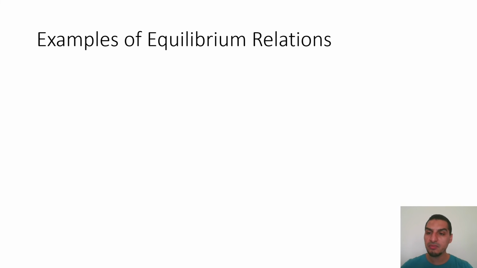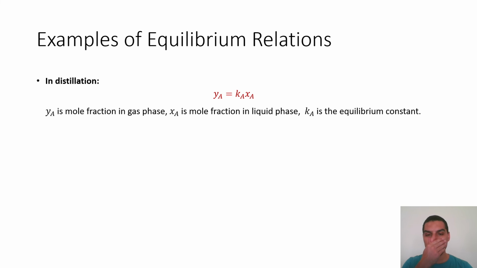So here I'm going to show you 3 cases of equilibrium relations that we see in actual mass transfer processes. One of them is in distillation, which is the equilibrium relation of y equals Kx, and K is called the equilibrium constant. K is a very important parameter in distillation. So it's important to know what this K is, and to know that this is the shape of the equilibrium relation in case of distillation.